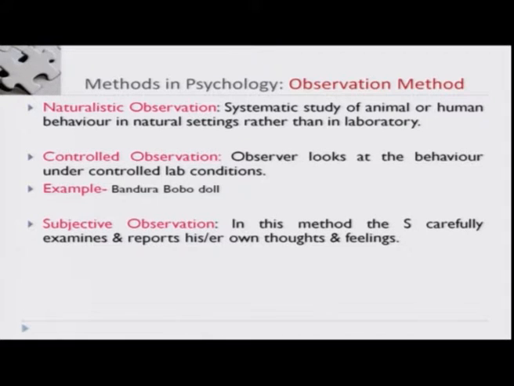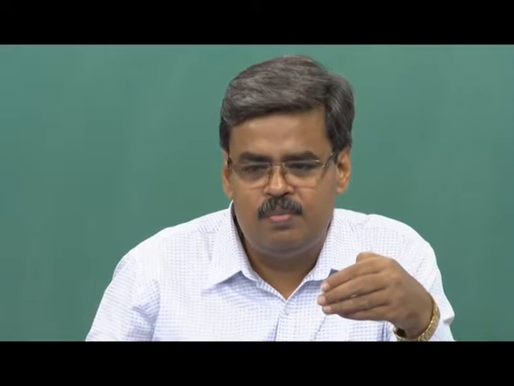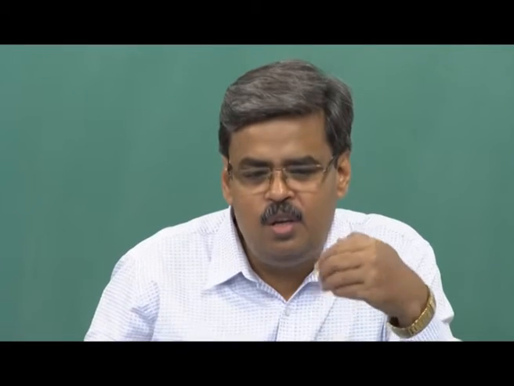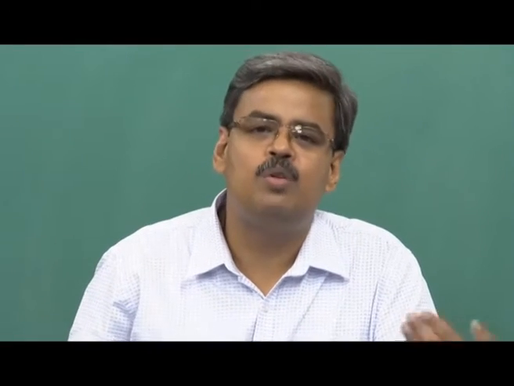So, you are the participant who is taking part in that experimentation process. You carefully re-look at your own thoughts and feelings and you report them. Now, the psychologist jots down the report, and this is the subjective observation method.